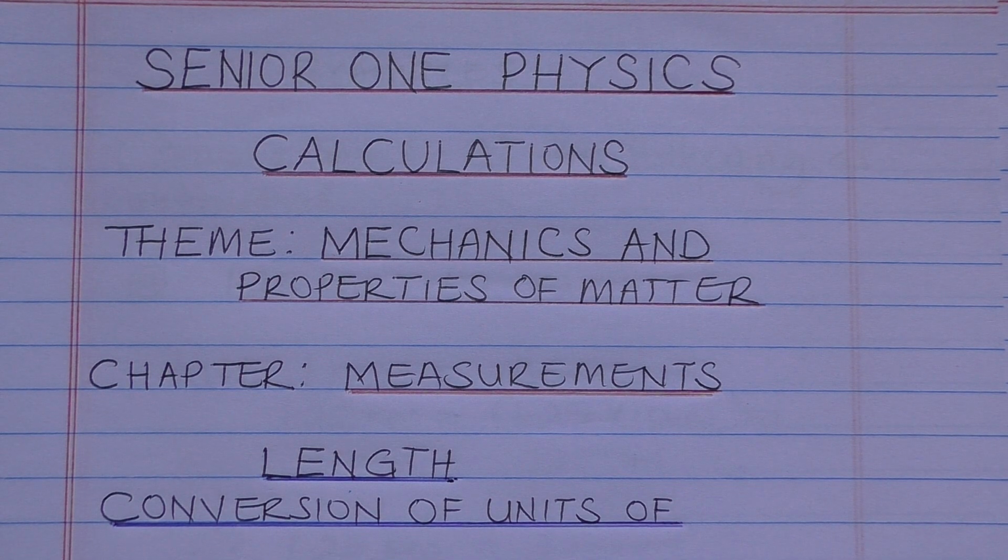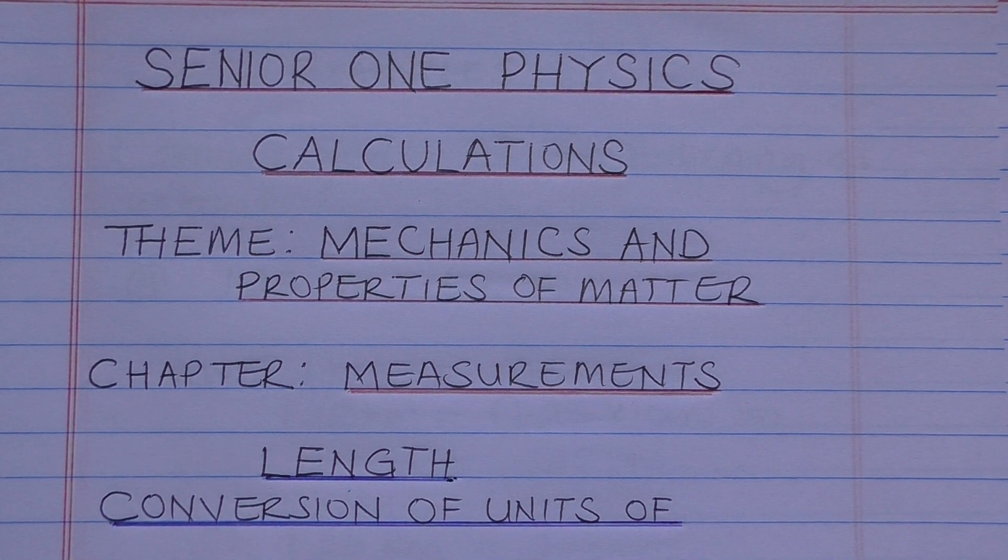For instance, your mass, your height, your age, those are all physical quantities. A physical quantity is represented by a magnitude and a unit. For instance, if I may ask you, how old are you? You tell me 14 years.